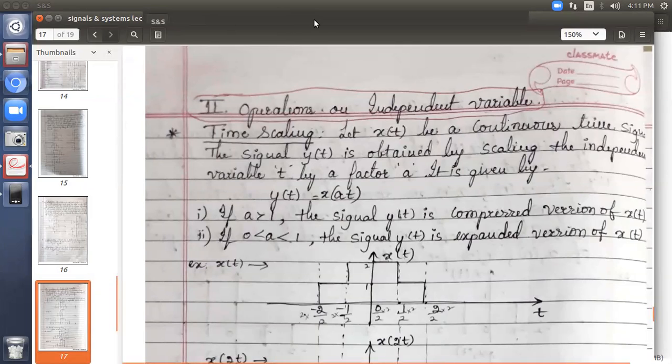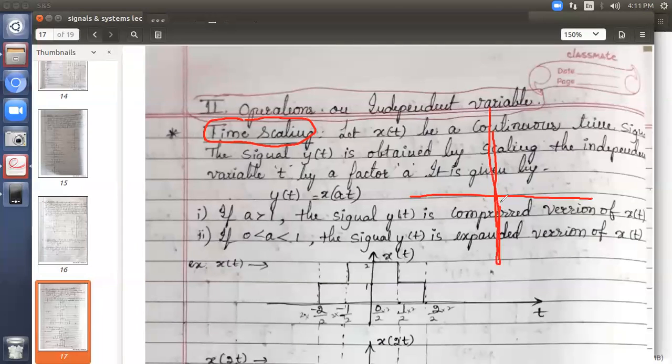The first operation that we are going to see today is the time scaling. Scaling is again a familiar term to you. Just like amplitude scaling, we have time scaling. Remember, the major difference between those operations and these independent variable operations is, in the earlier case, when we were dealing with dependent variable operations, we were concentrating on the vertical axis.